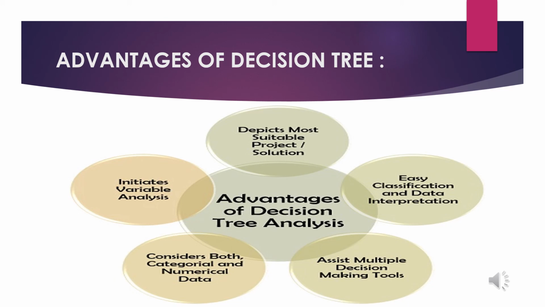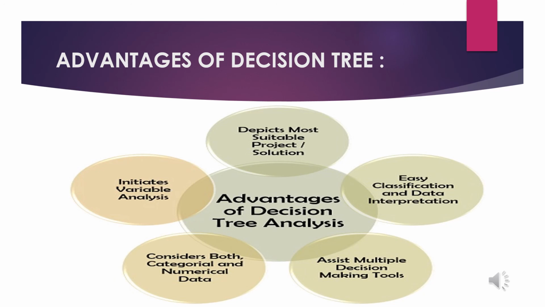The second advantage is easy data interpretation. Most importantly, the decision tree, as we have shown in our example, eases the process of segregation of the acquired data into different classes so that it becomes very similar kind of data and can be easily compared with each other.